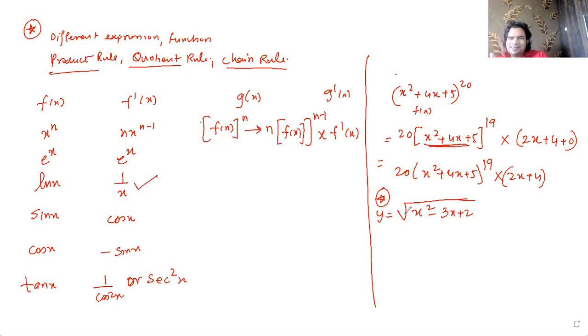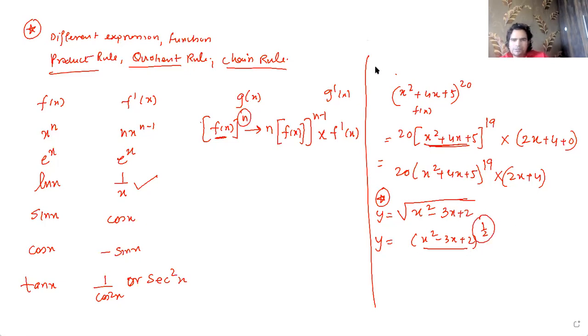Once again, y can be written as x squared minus 3x plus 2 to the power half. The father function is the square root, and inside, the child is x squared minus 3x plus 2. So this is my f of x, and n here is half.